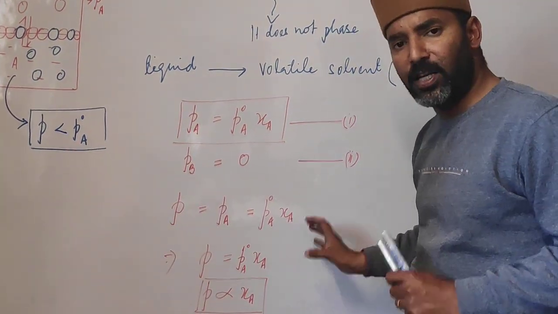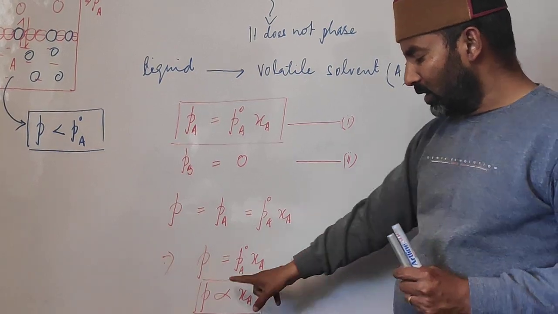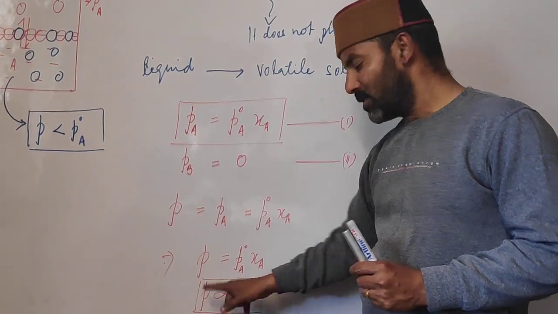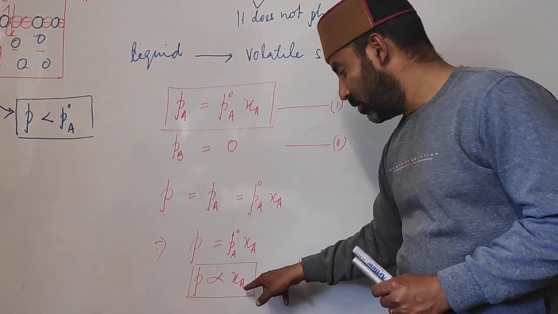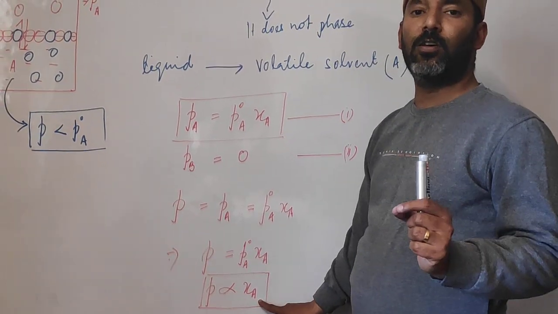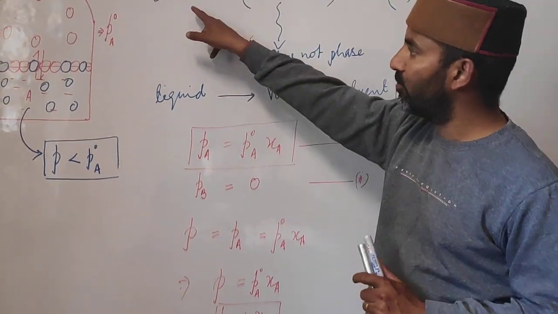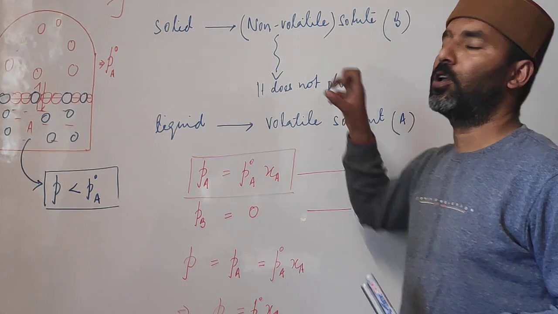This is very, very important. So listen carefully: the vapor pressure of the solution is directly proportional to the mole fraction of the solvent only, when we have a non-volatile solid solute.